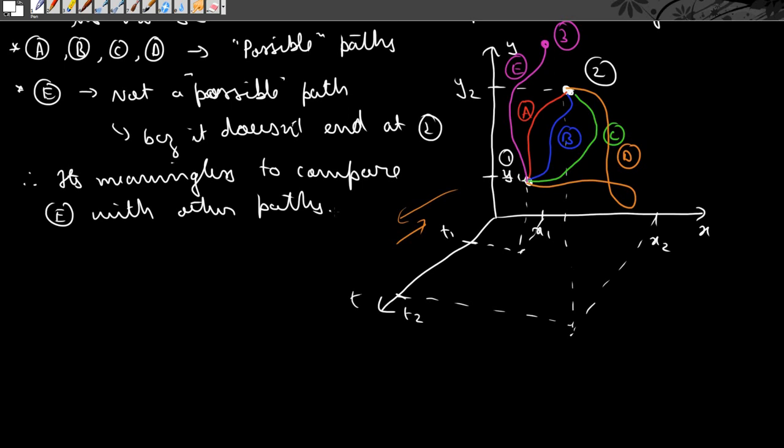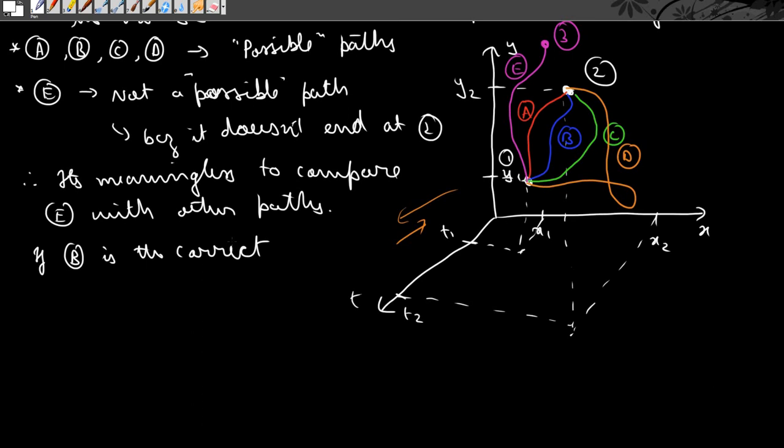Alright. So let us say that B is the correct path. Remember, we don't know this, we need to get B as the correct path from Hamilton's principle.